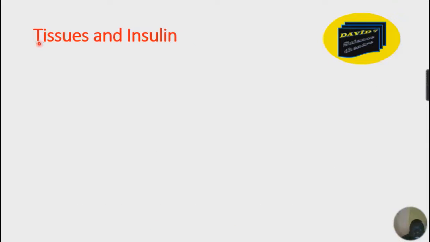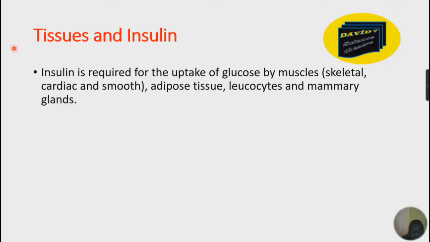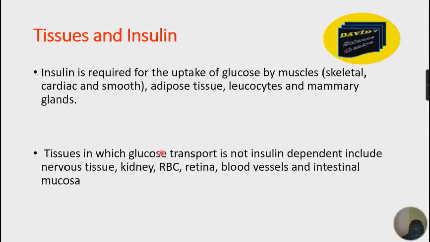We want to talk about the tissues and insulin. Insulin is required for uptake of glucose by muscles, adipose tissue, leukocytes, and mammary glands. But the tissues in which glucose transport is not insulin dependent are nervous tissue, kidney, RBCs, retina, blood vessels, and intestinal mucosa.